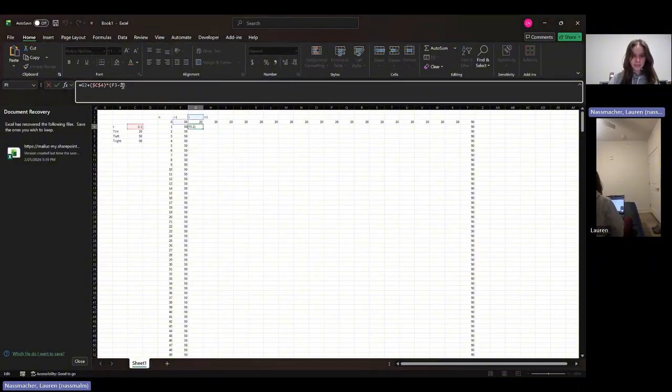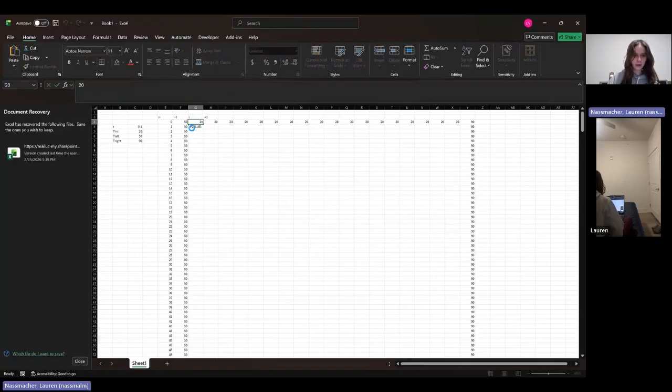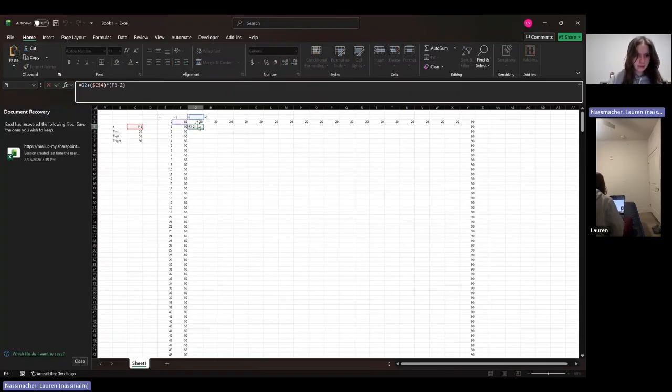Minus temperature at our spatial node I once again. So we have G2. Oh, we don't want G2, we want G3.